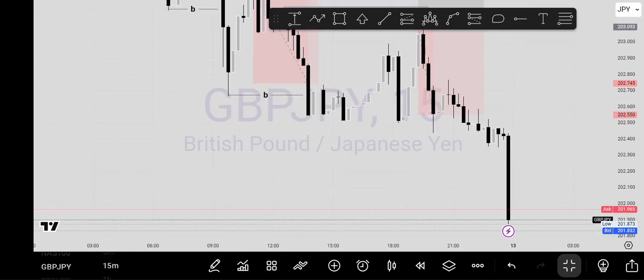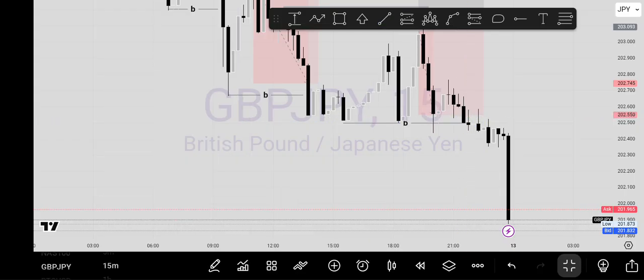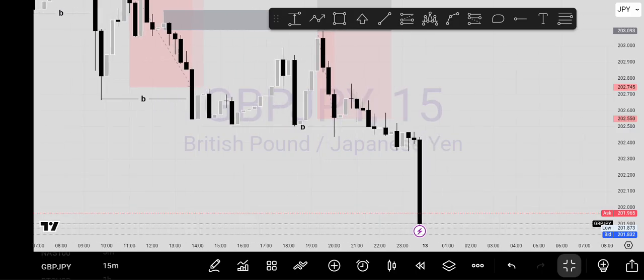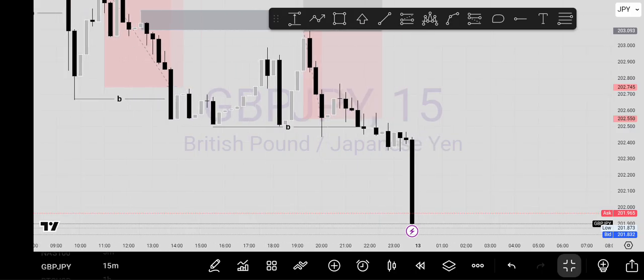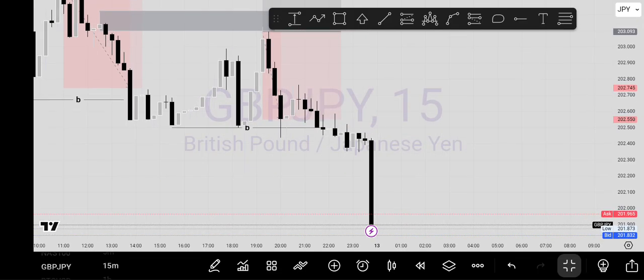So currently the market is bearish and we are moving down. Let me give you an insight on the order block that we're going to use to continue with the bearish trend. I said that we are looking for the bearish engulf candles only for our order blocks. So if you move from the top, we don't have any here, we don't have any, we don't have any, we have one here, but this one's already mitigated.